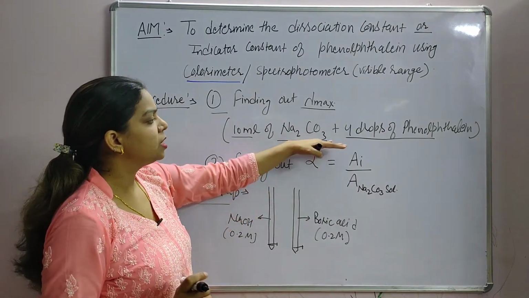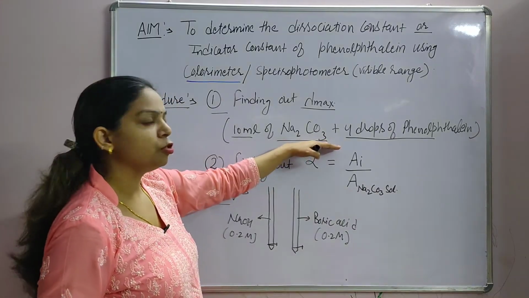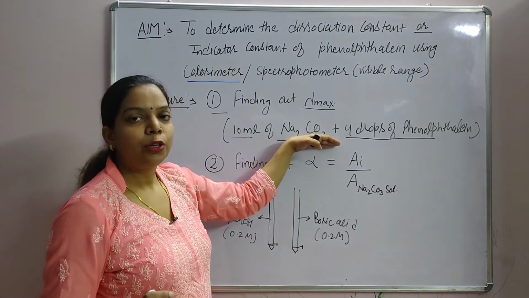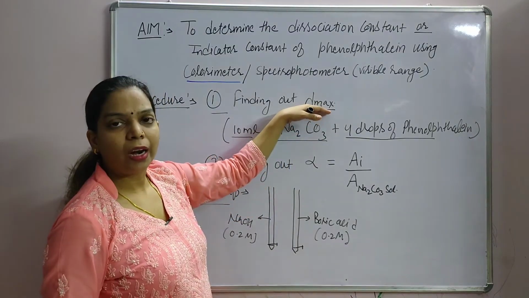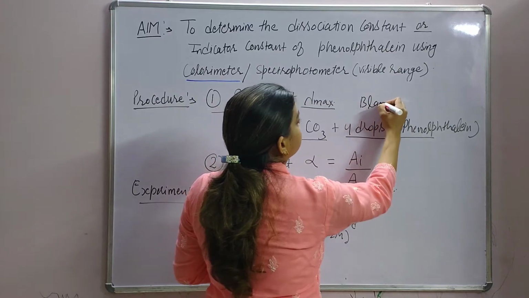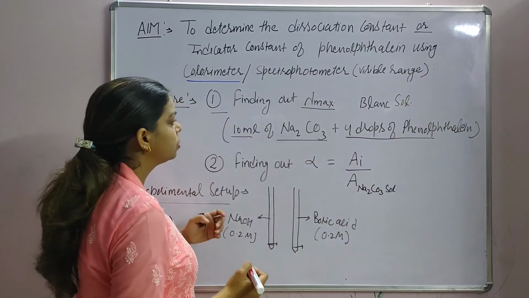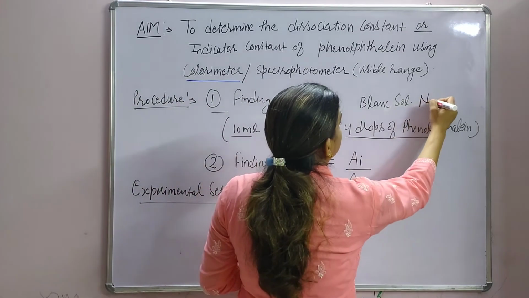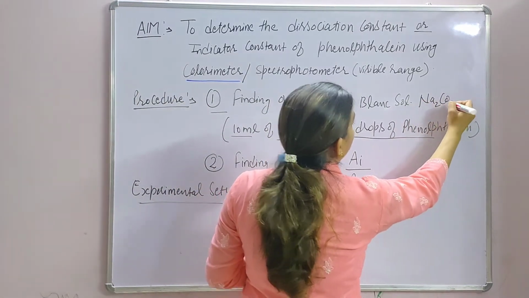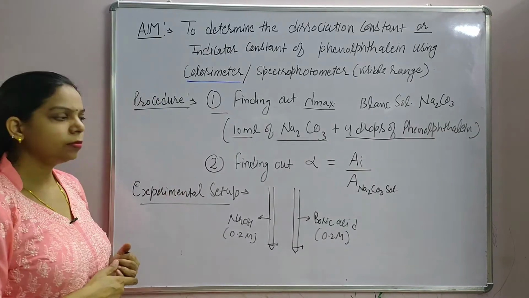So the color in this solution will be the most intense. We will make use of this solution in the colorimeter to find out its filter or lambda max, and the blank solution used here should be sodium carbonate saturated solution without indicator.